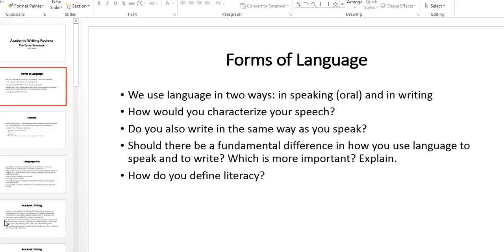And I generally advise students to be more careful, more disciplined and more critical in how they use language when they are writing, right?